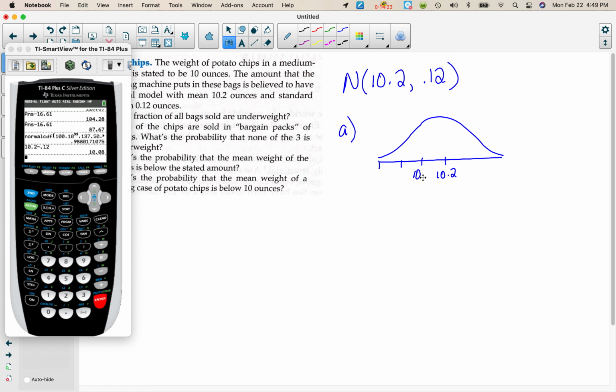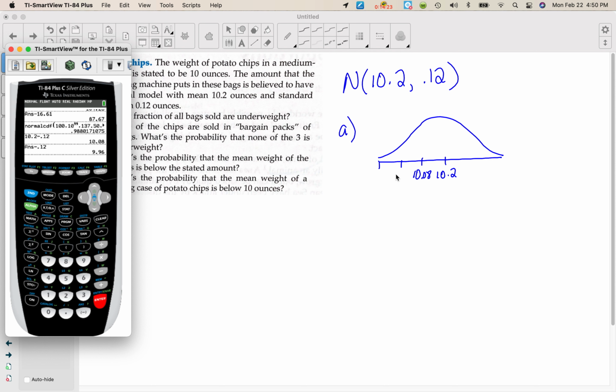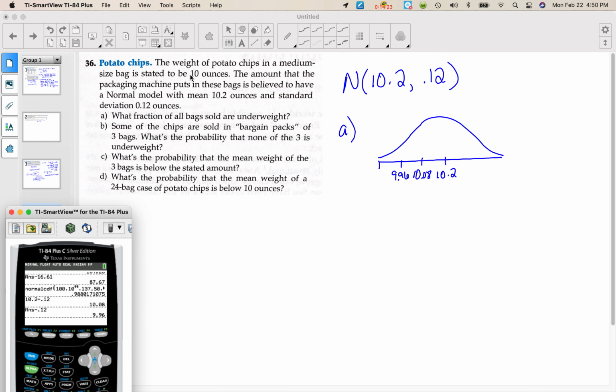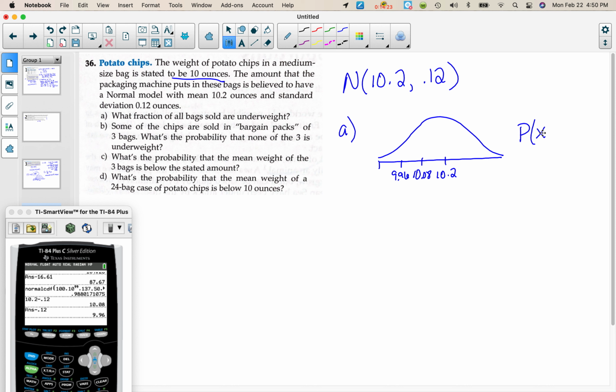Oh, that's right. Minus 0.12 again. Okay, so now I have 9.96. If it's underweight, think about what that means. They are stating that there's 10 ounces in the bag. So to be underweight means I'm looking at the proportion of bags that are less than 10 ounces.